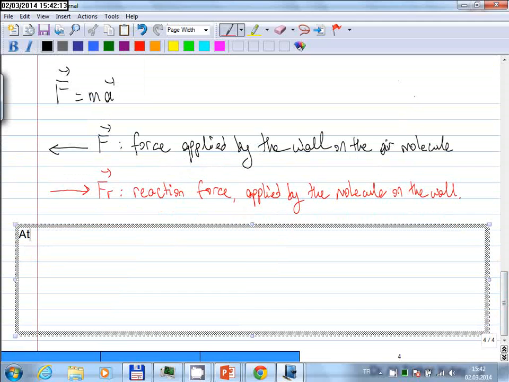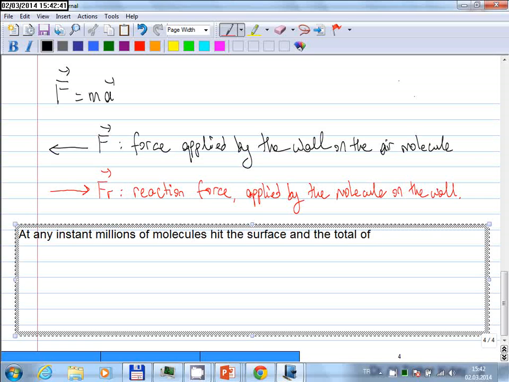Okay, at any instant millions of molecules hit the surface, and the total of the applied force on the surface, the sum of all these forces, forms the pressure force.